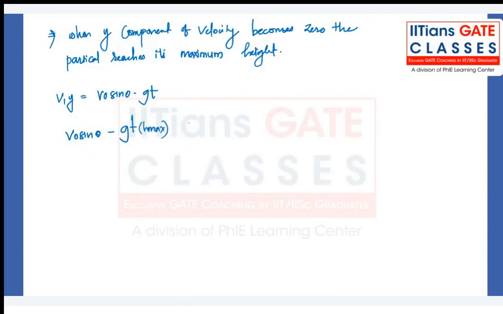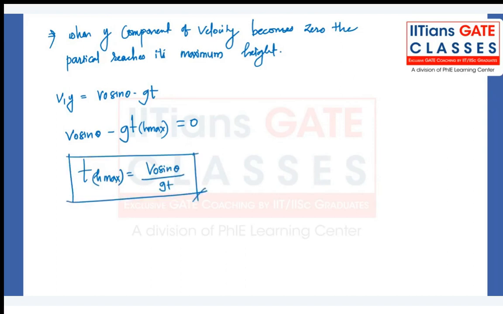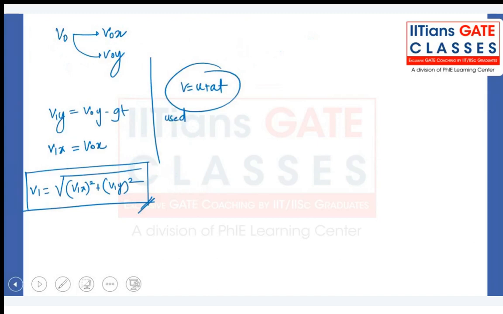From this, the time at which it reaches the maximum height is equal to v naught sine of theta divided by g. So this is the time for reaching the maximum height. I hope this part is clear to you now.